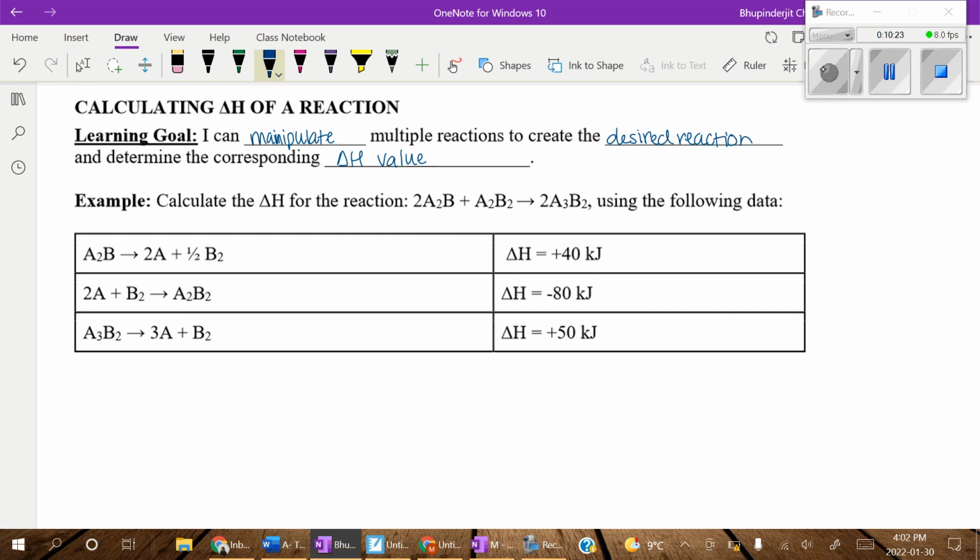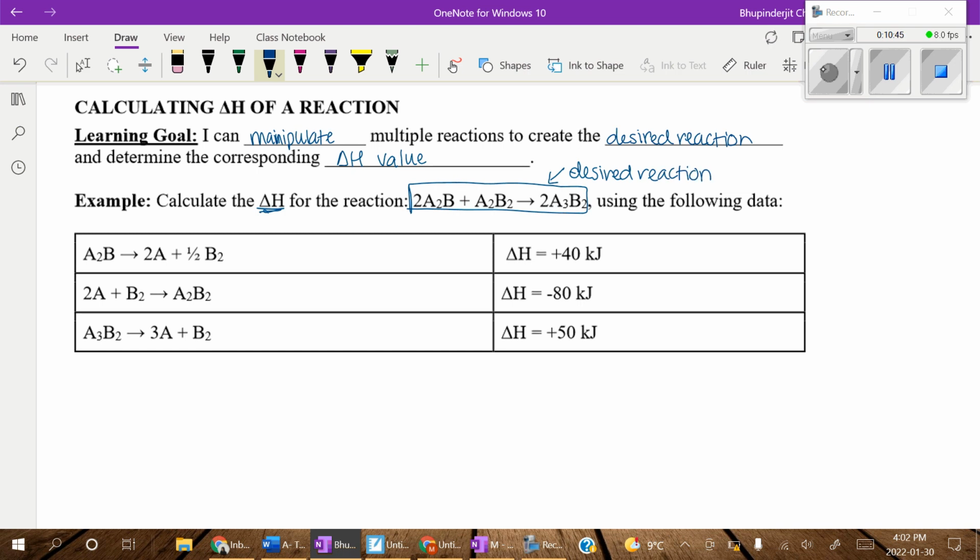So in this example, it says calculate delta H for the reaction 2A2B plus A2B2 producing 2A3B2. This is what I mean when I'm talking about the desired reaction.